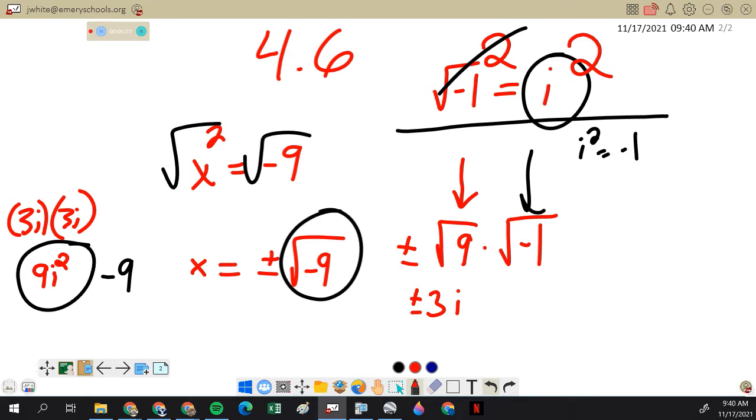So we now have a way to take the square root of a negative number. It's a little bit weird, but that is the answer. Now, we have real numbers that are found on the number line. We have imaginary numbers that include i's. What happens when we try to mix real and imaginary numbers? So let's say we have 3 and we're going to add 4i.